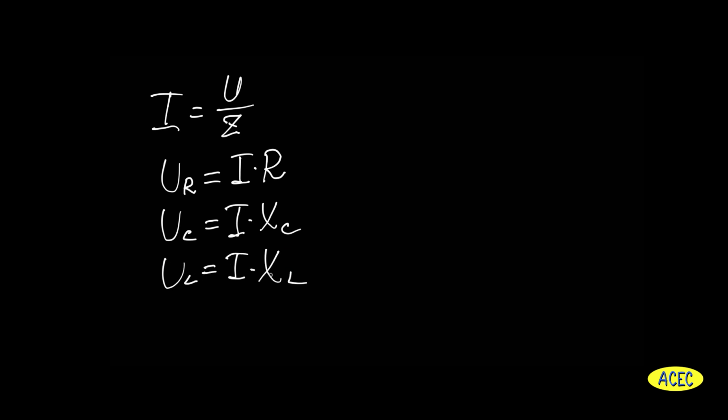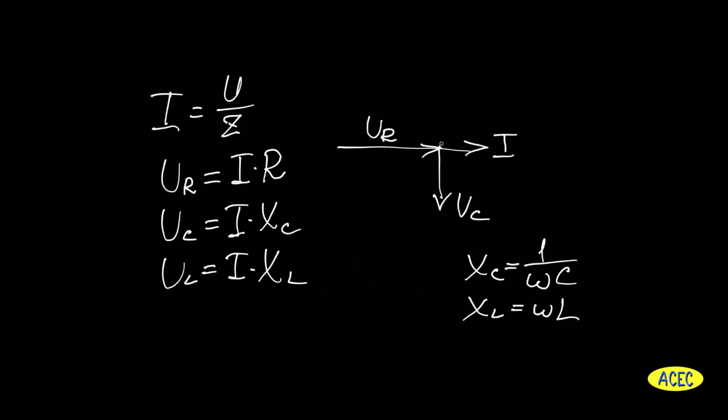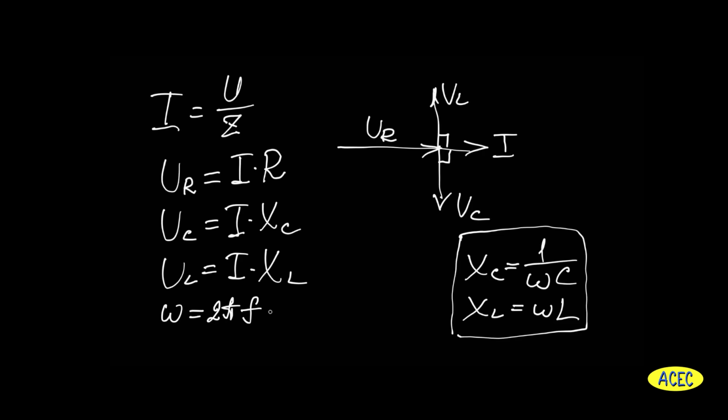Current and voltages can be shown on the following vector diagram. And as you can see, two reactive elements, capacitor and inductor, depend on frequency. Respectively, these two elements lead to resonance.